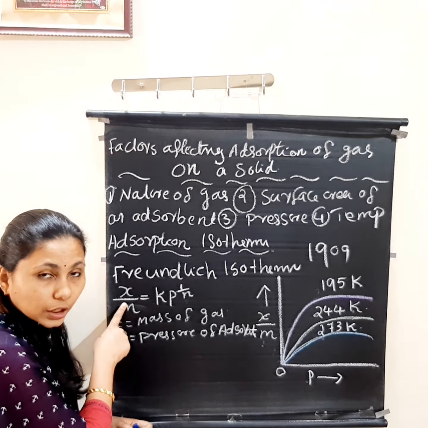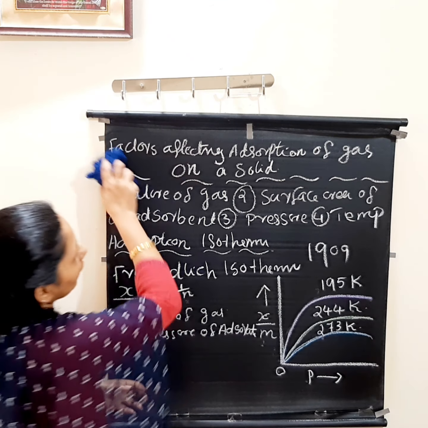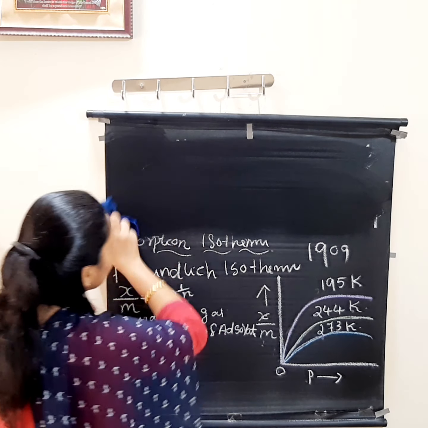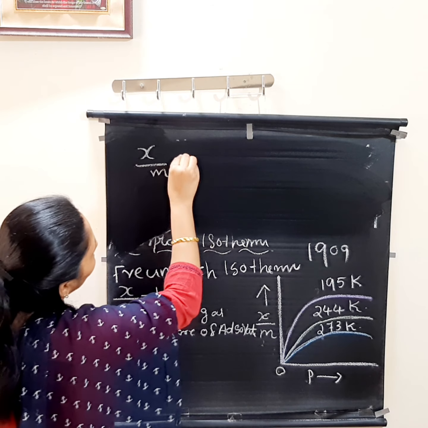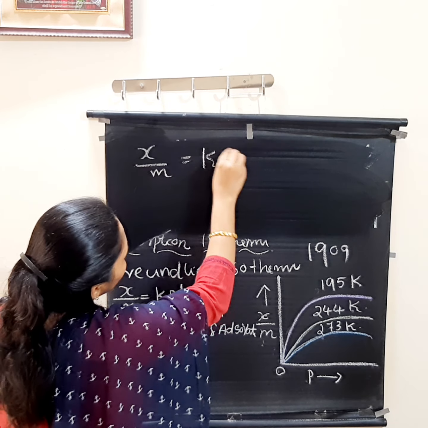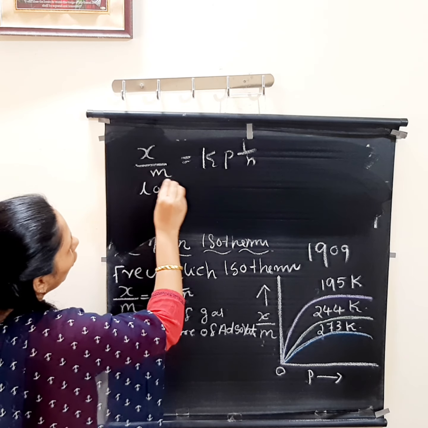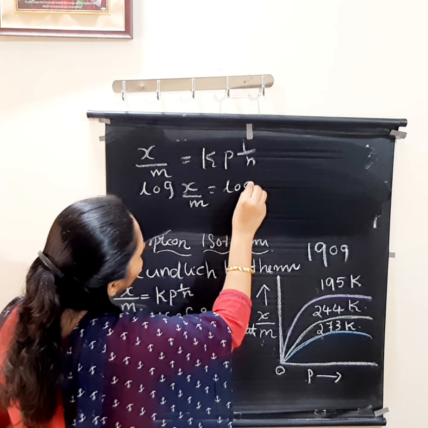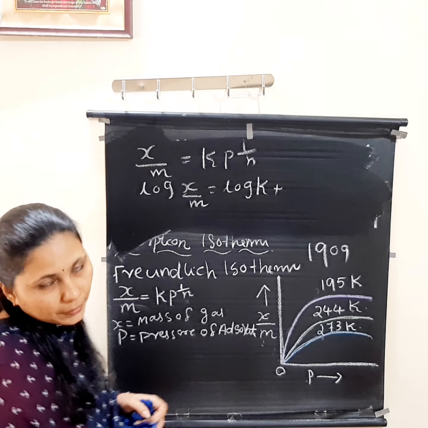Then after that, by taking the logarithm of this equation. How can I write the logarithm of that equation? What is the Freundlich adsorption isotherm equation? x by m equal to k p raised to 1 by n. So what is the log? Log x by m equal to log k plus log p raised to 1 by n.